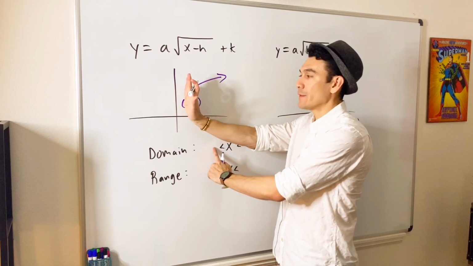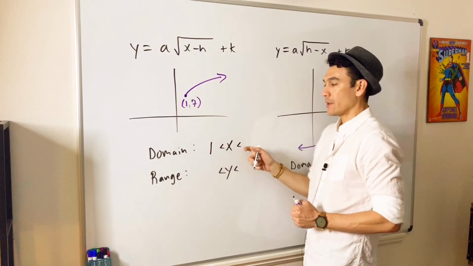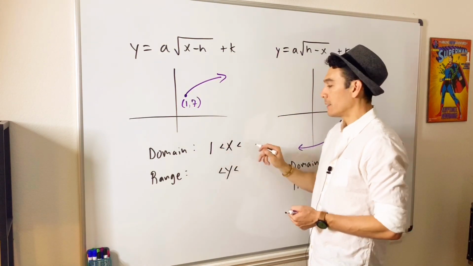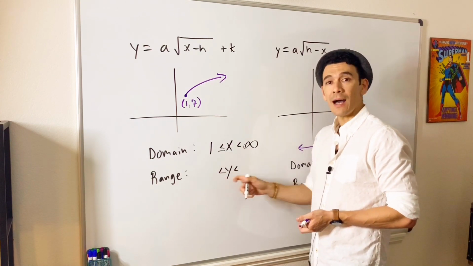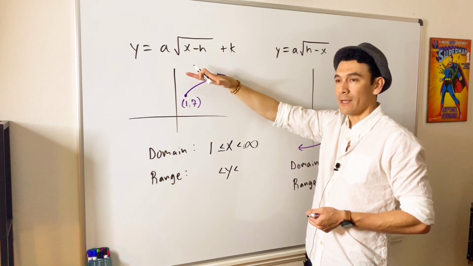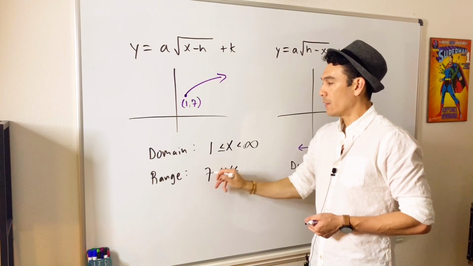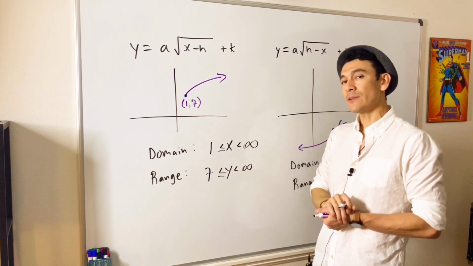That's how far left at 1. And how far to the right does it go? It goes to the right forever. Equality there. Range, low to high. What's the lowest y-coordinate that we attain? 7. What's the highest y-coordinate that we get to? Eventually infinity.